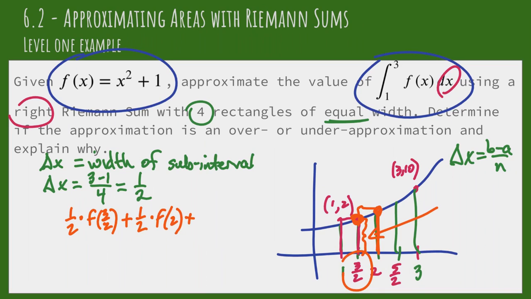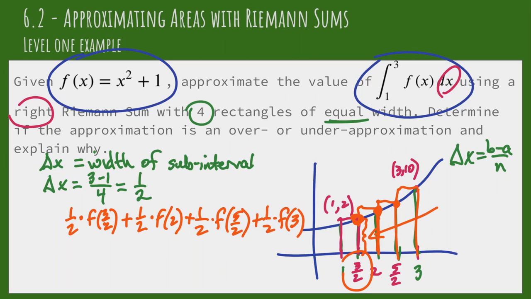Then for our third rectangle, we use this point here, so the width is 1/2 and the height is f of 5 halves. And then for the last rectangle, the width is still 1/2, and the height is f of 3.